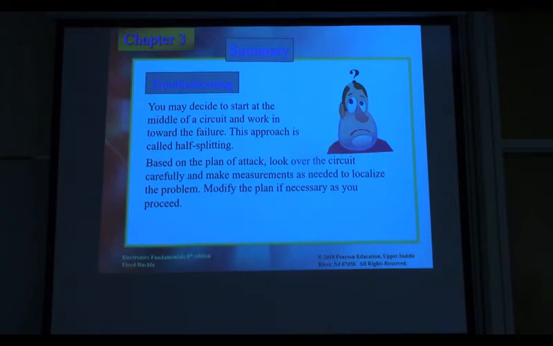Based on the plan of attack, look over the circuit carefully and make measurements as needed to localize the problem. How to measure the circuit? That is what we are going to learn in the labs.